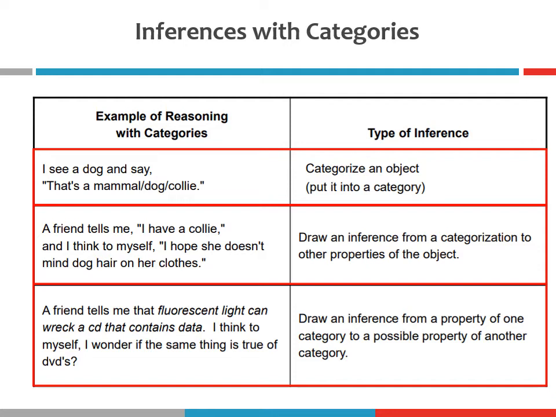So you might wonder, based on your knowledge of the category of compact discs, whether that would generalize to a similar property of another category, which is DVDs, right? So whether you can infer that that property of getting wrecked under the lights would transfer to a very similar category of DVDs.